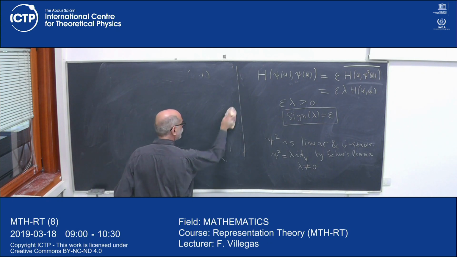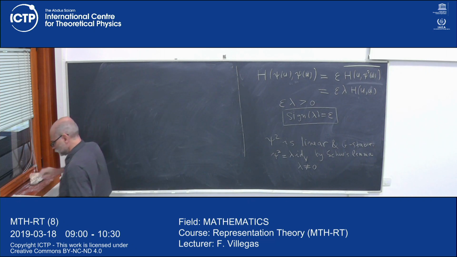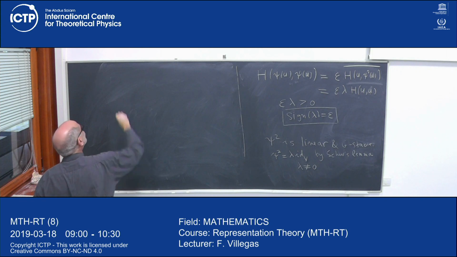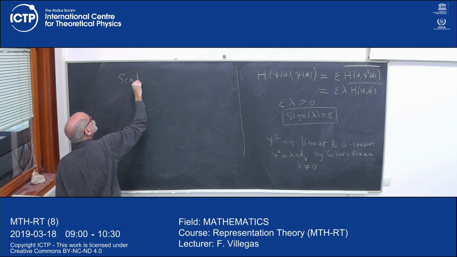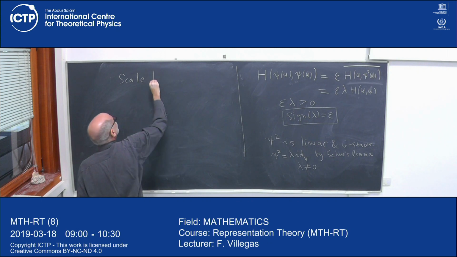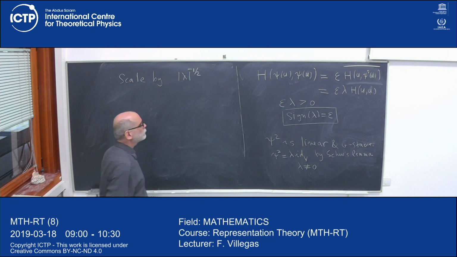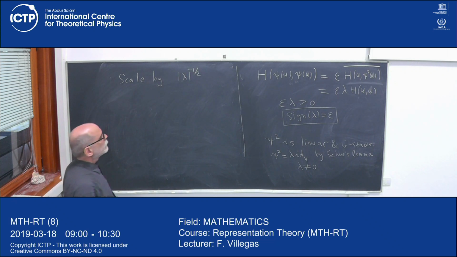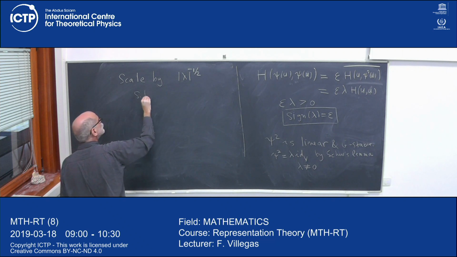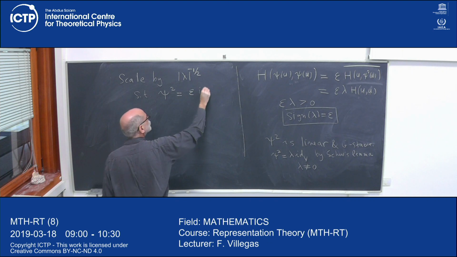And we can scale everything by lambda without changing things. So I can scale by the absolute value of lambda to the 1/2 or minus 1/2, so that psi squared is equal to epsilon.